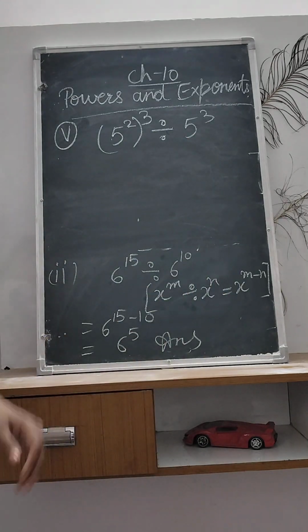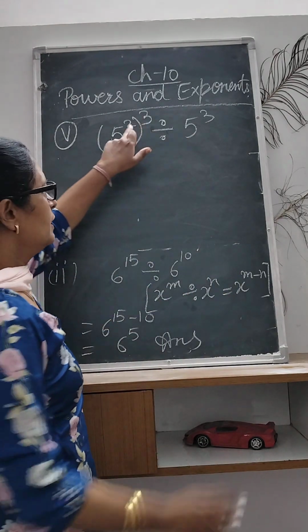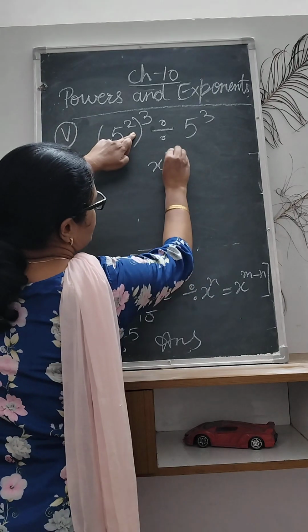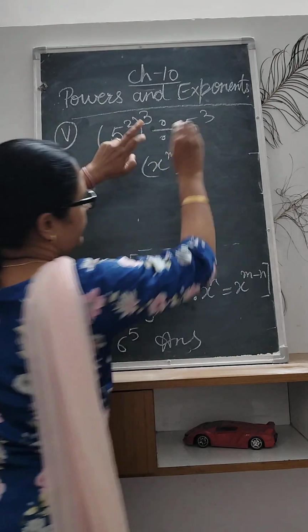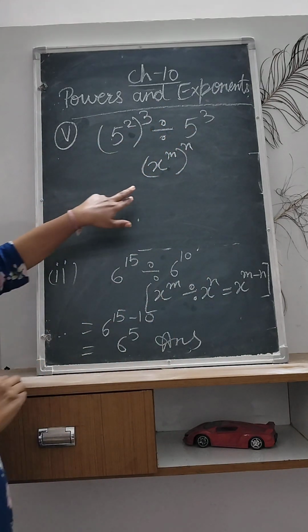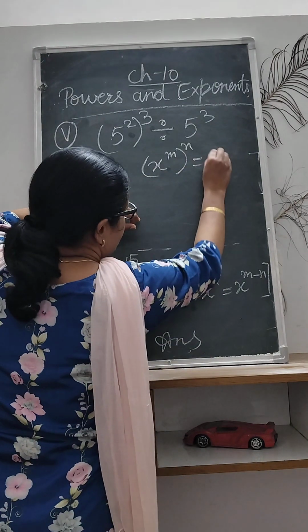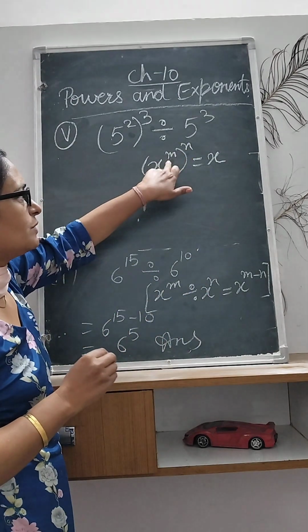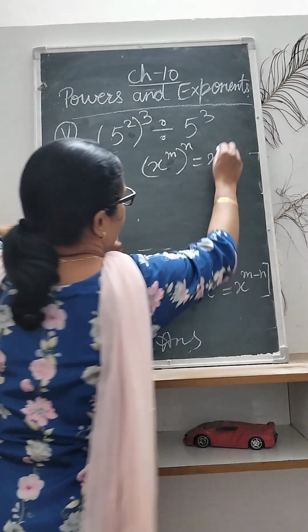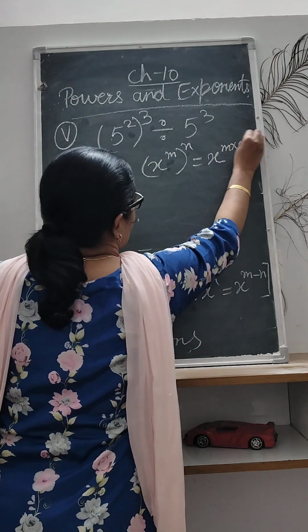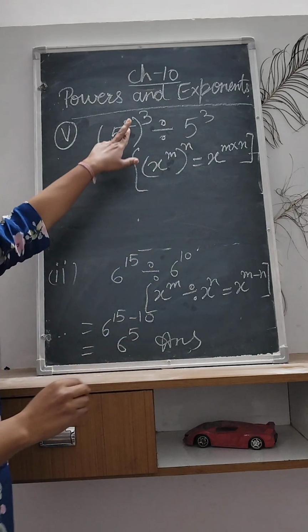Now if you see again one more law. Here the law is x raised to power m whole power n. If you remember yesterday we have done this law also. So what we will do, these two are multiplying. So m will be multiplied with n. So this law we will apply over here.